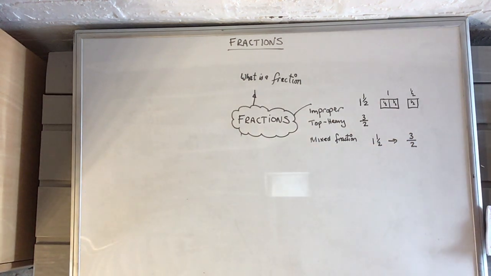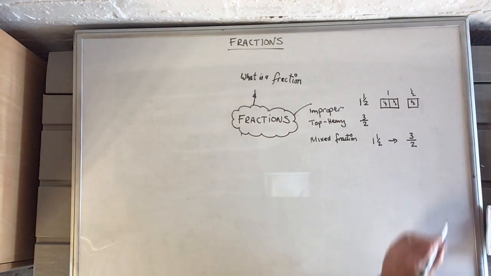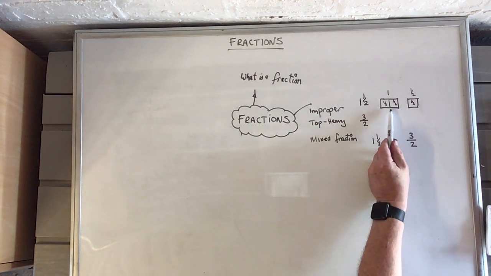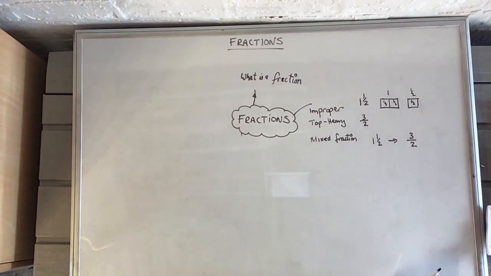These two things are the same. So these are equivalent. They look different but they're the same, and again, referring back to the wee picture, you can see that they're the same.